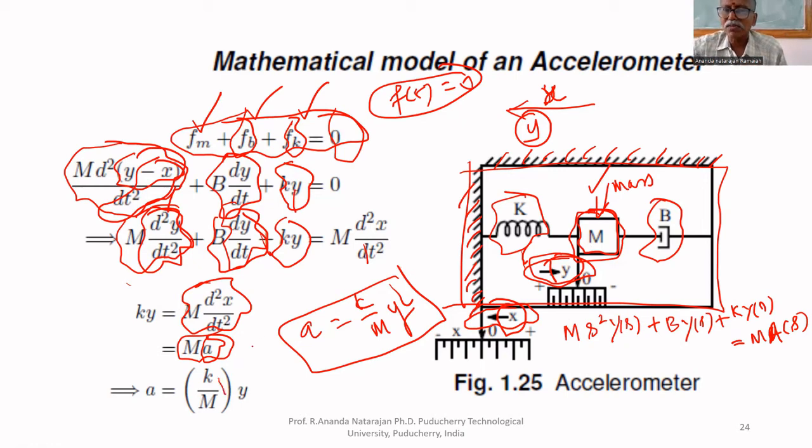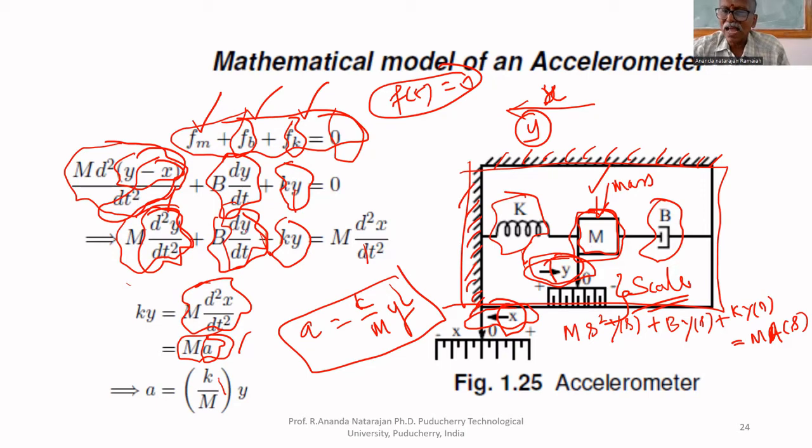For that, the scale must be in acceleration scale. In a voltmeter, the needle deflects. Deflection type voltmeter you might have seen. Actually, a force is developed and the needle is deflecting. But what is in the scale? It is in voltage. It measures like that.